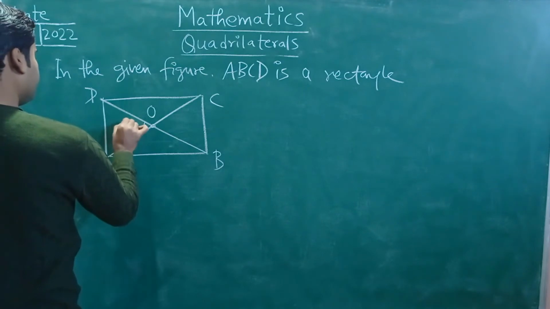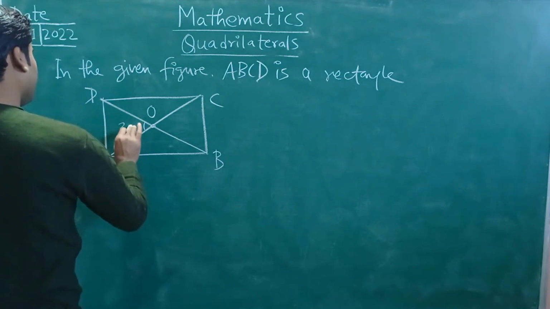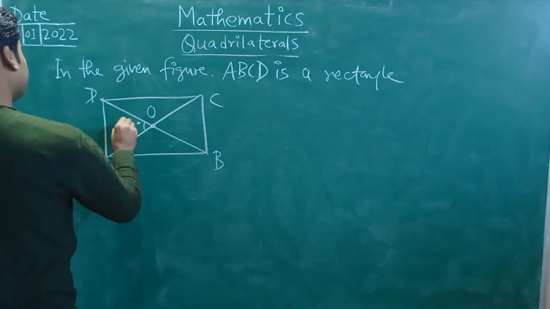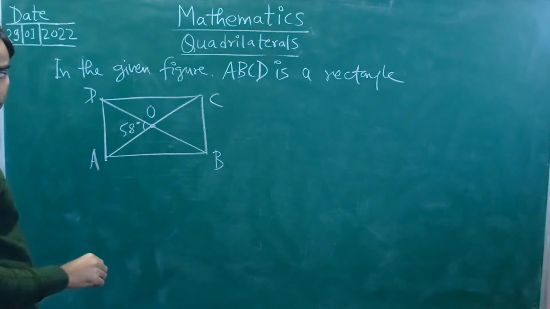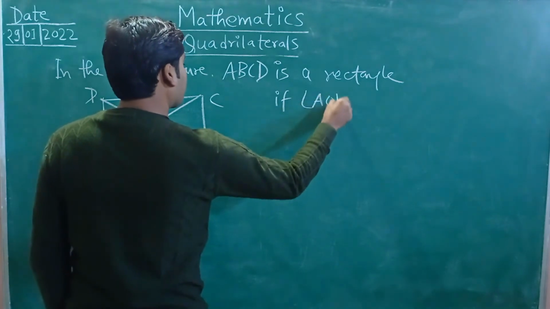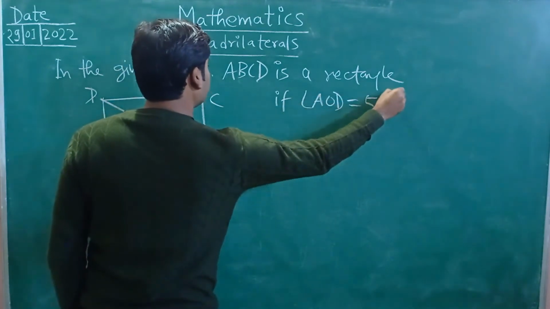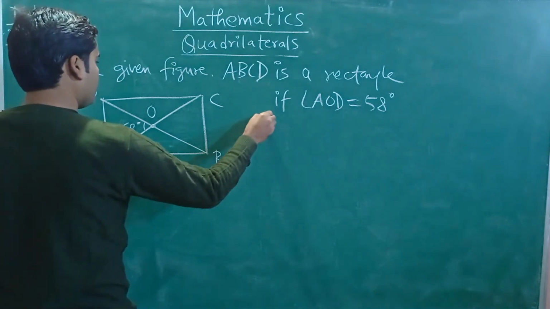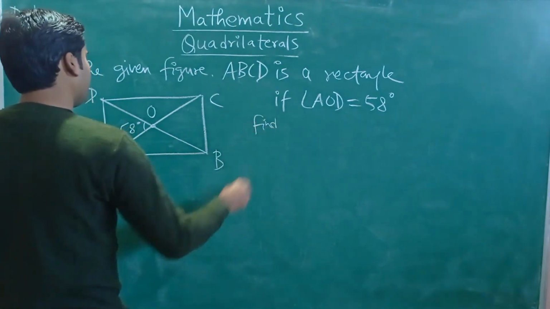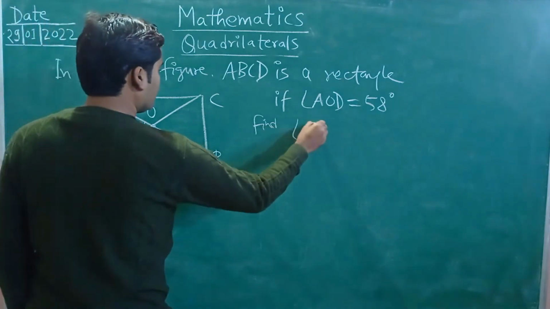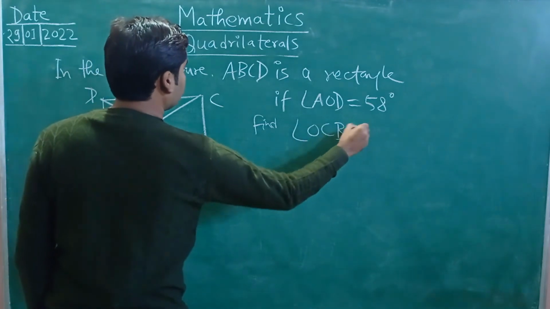If angle AOD is equal to 58 degree, find angle OCB.